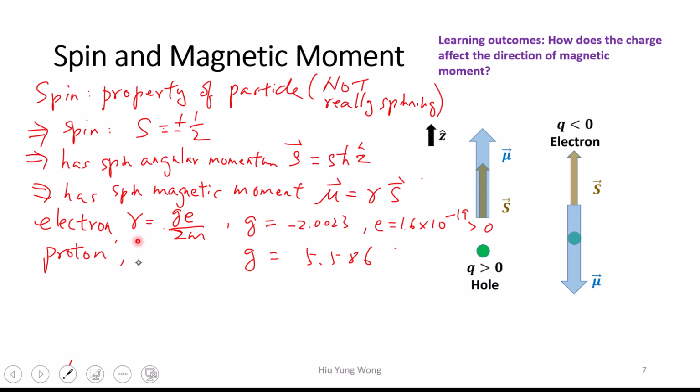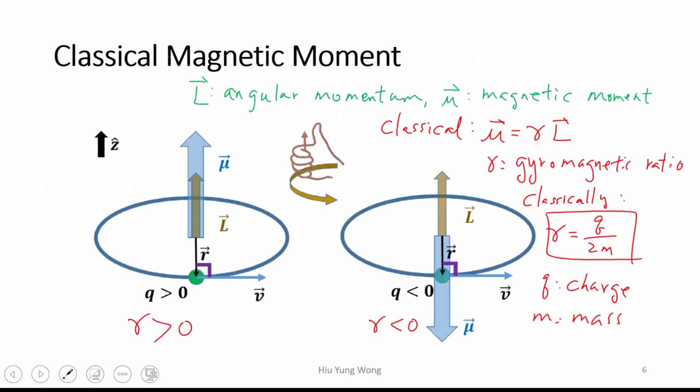Is gamma negative or positive for electron? Negative, because G is negative, right? Now G is about 2. So 2 is to cancel 2 very soon. Then you get approximately E over M, the gyromagnetic ratio. But classically, it is E over 2M.